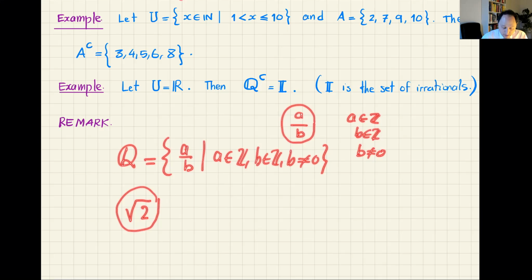The set of all numbers which are not rational is called irrational. So there is nothing that you don't understand, because that's just the definition. If I ask you what is the meaning of being irrational, the answer is that a number is called irrational if it is not rational.